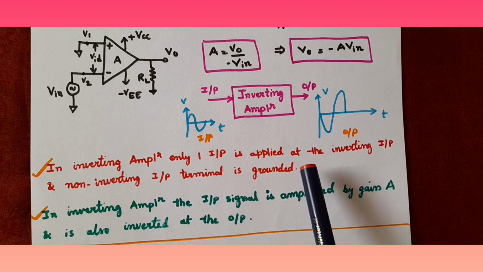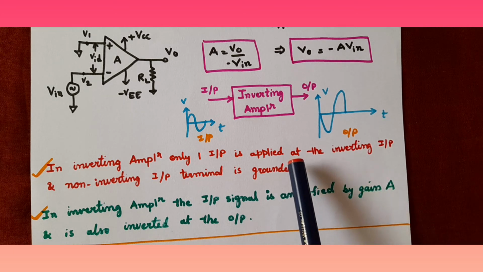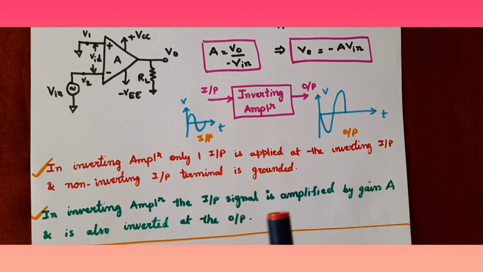So these are the two important conclusions. In an inverting amplifier, only one input is applied, that is at the inverting input, and the non-inverting terminal is connected to the ground. Output signal is amplified by gain A times, but it is phase shifted.